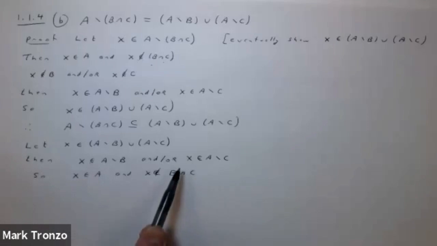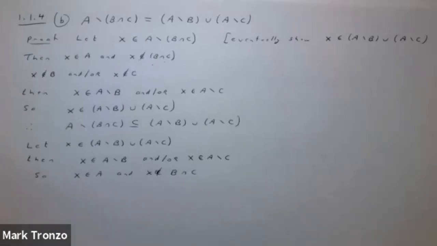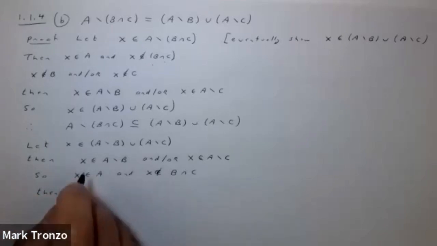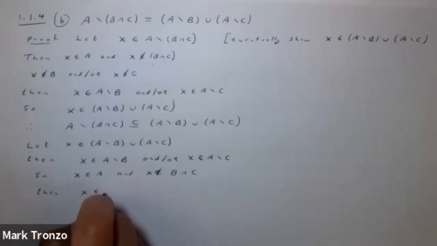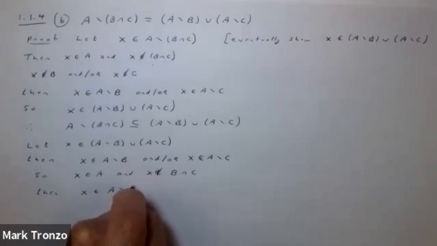Wait a minute. Yeah, that's right. Yeah, I'll just say that. Don't want to complicate things. So now then, since X is in A and it's not in this intersection, then X is in A complement B intersection C.